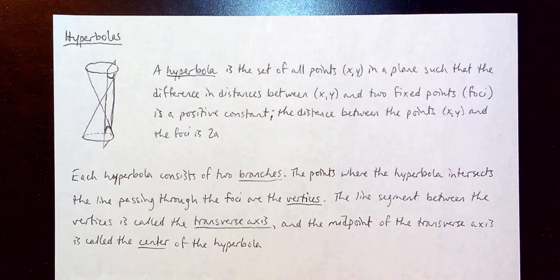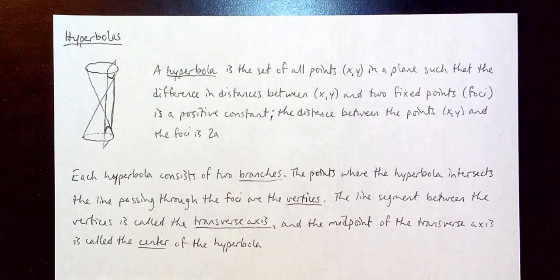But what is the actual definition of a hyperbola? It's the set of all ordered pairs or all points (x, y) in a plane such that the difference in distances between (x, y) and two fixed points called the foci is a positive constant. So we have the distance from (x, y) to one focus, and then the distance from (x, y) to the other focus.